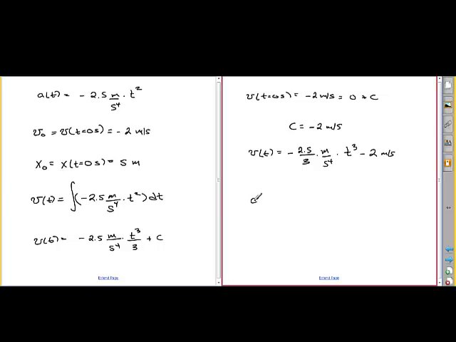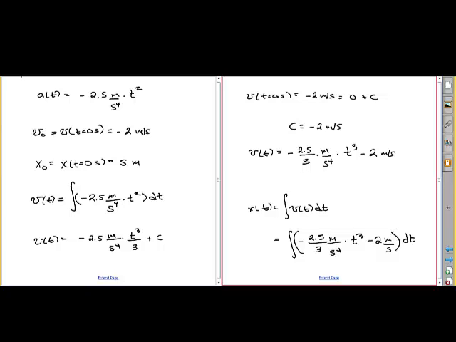Okay, then the displacement as a function of time, x as a function of t, is the integral of the velocity as a function of time, which we now have. So we integrate that, which is negative 2.5 divided by 3 meters per second to the 4th t cubed minus 2 meters per second, whole thing times dt.